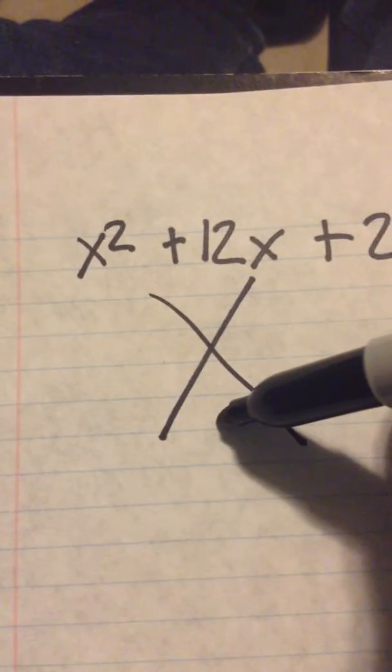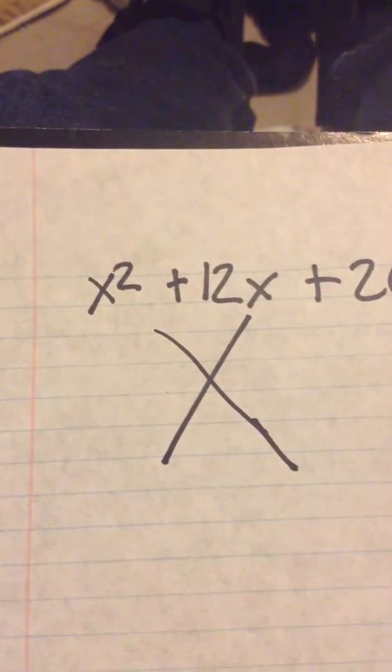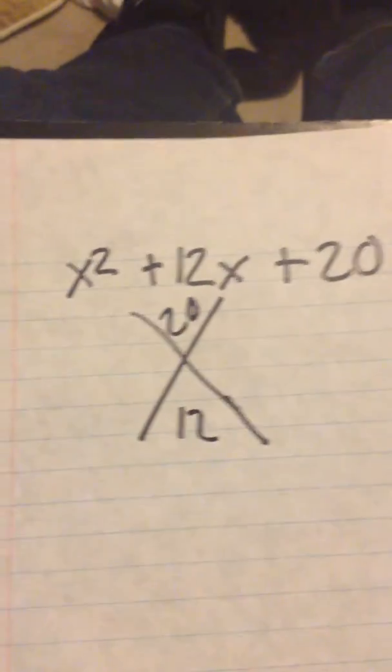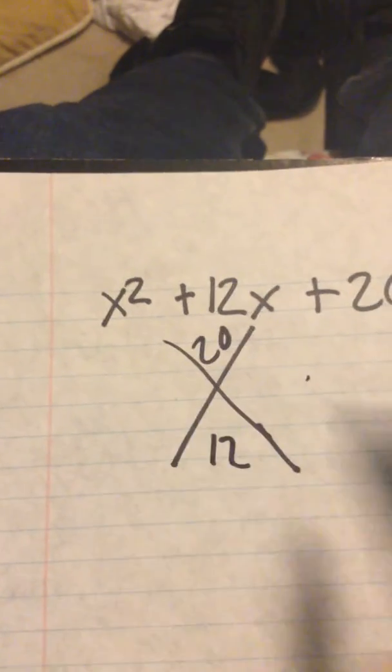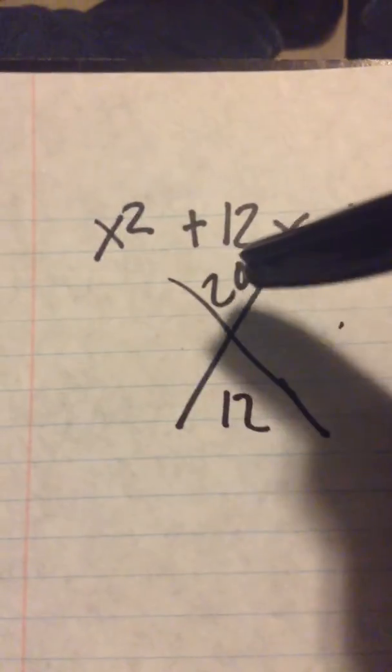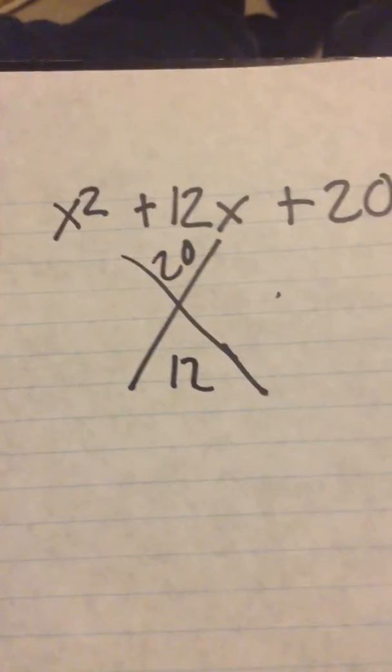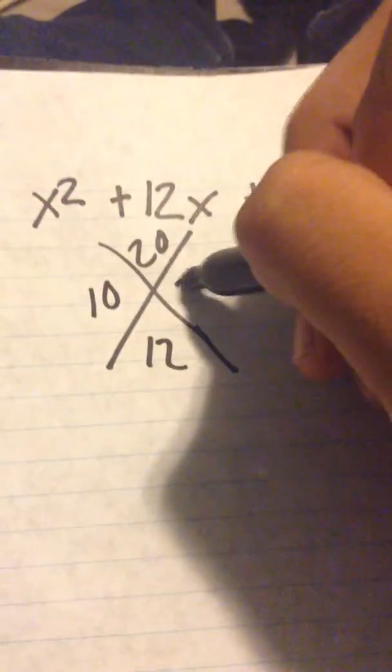For the diamond method, C always goes at the top, and B goes at the bottom. So 20 goes here, and 12 goes down here. For these two spaces, the numbers have to be factors of 20 that add up to 12, and the numbers I got are 10 and 2, because 10 times 2 equals 20, and 10 plus 2 equals 12.